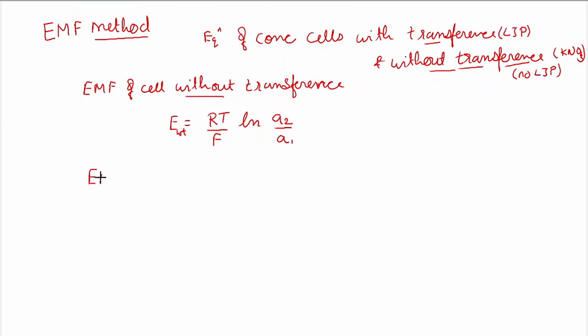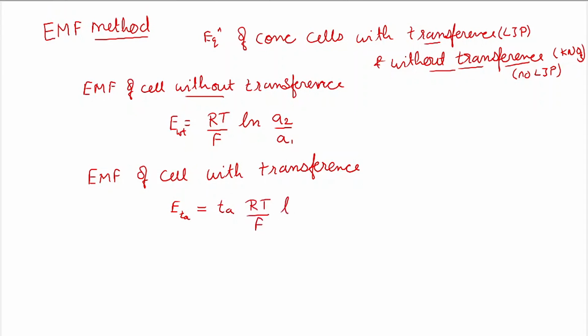Now the EMF of the cell with transference is given by, suppose, E_TA, where TA in the subscript refers to the transport number of our anion, equal to TA times RT/F ln(A2/A1).